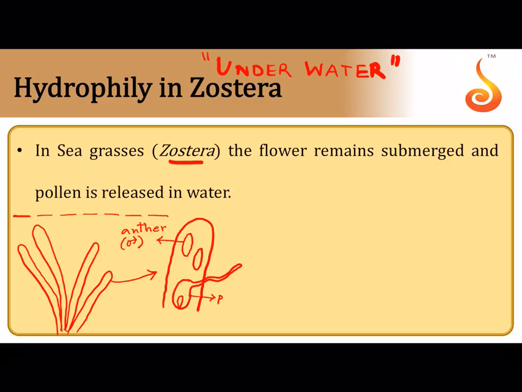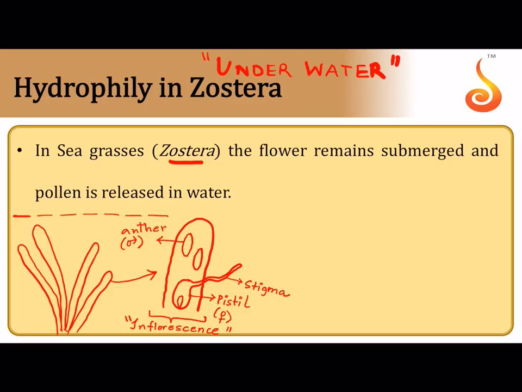And this is the pistil, which represents what part? The female. This elongated structure is the stigma. See how the stigma is sticking out into the water, correct? Okay. So this is the inflorescence, the cluster of flowers that you find on one of the blades of this grass, which is called Zostera.